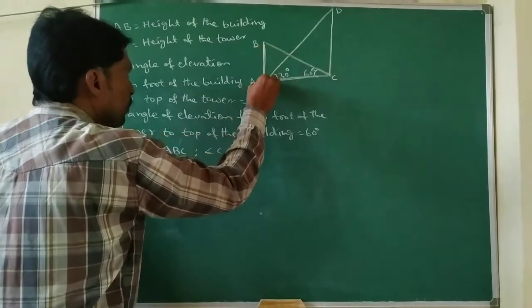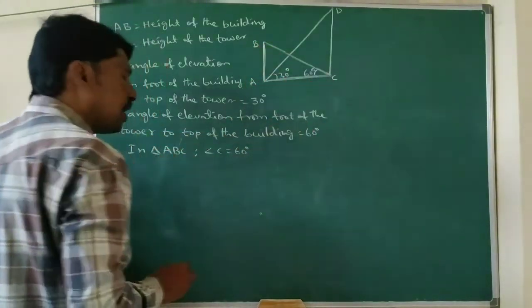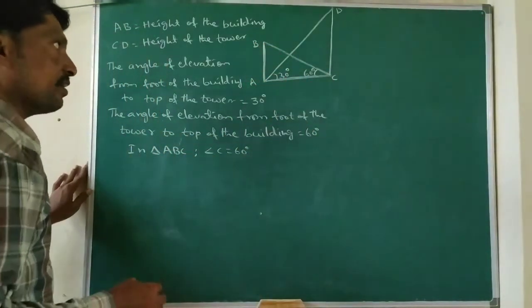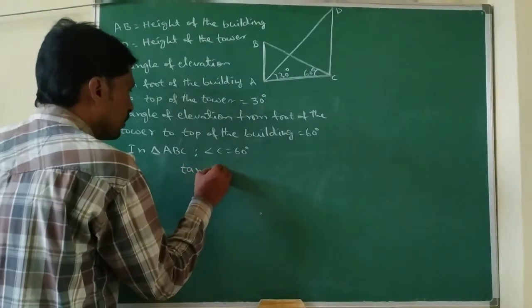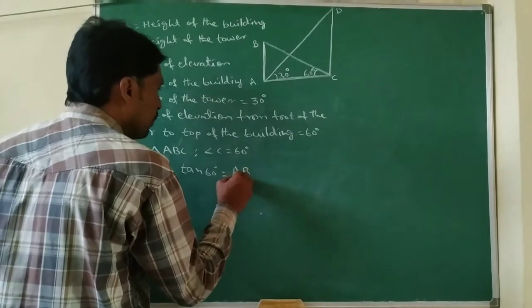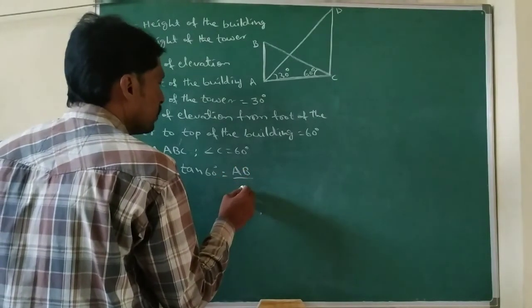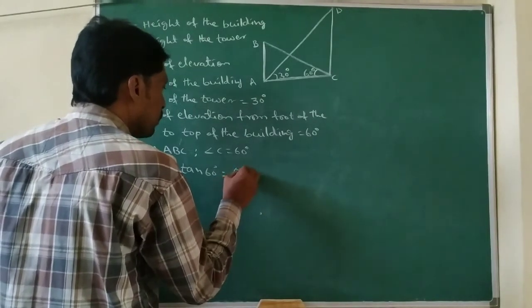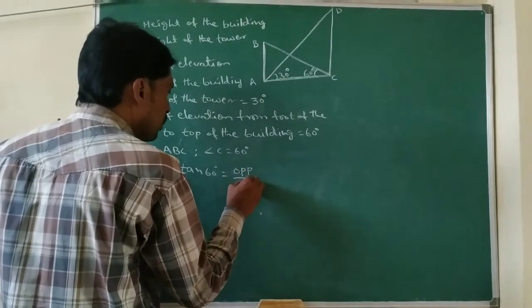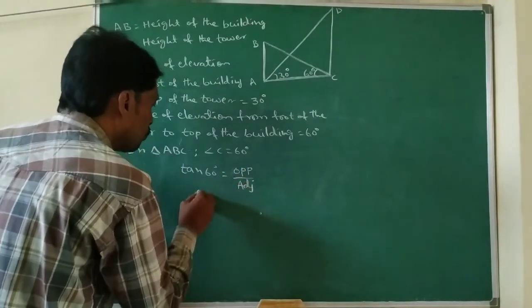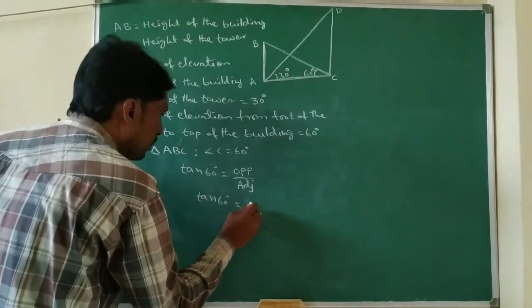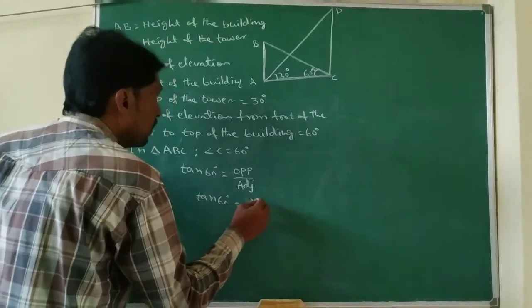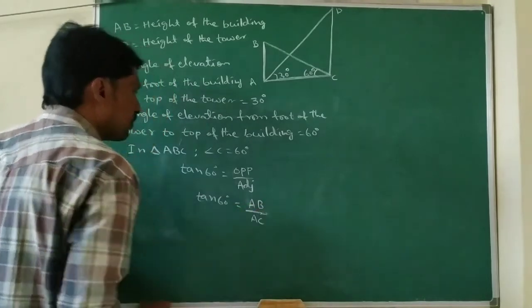So this is the opposite, this is the adjacent. Opposite and adjacent, what is the trigonometric ratio? Tan. So tan 60 degrees equals opposite by adjacent, AB by AC.